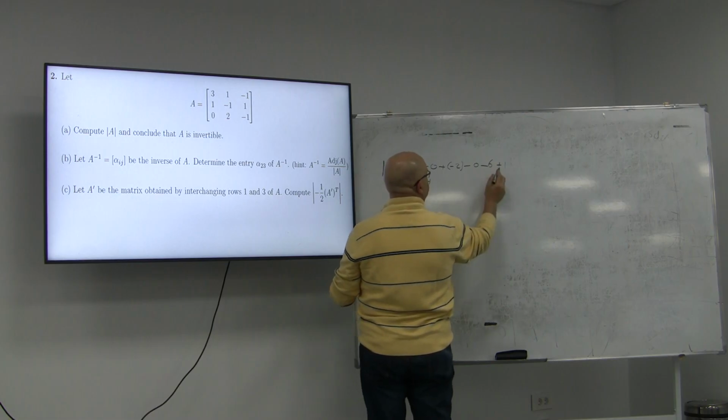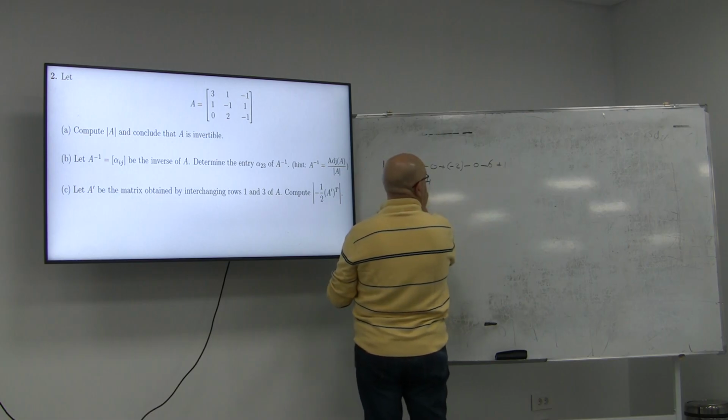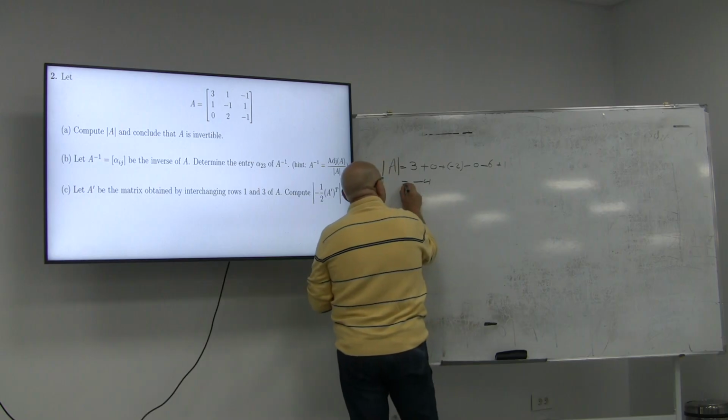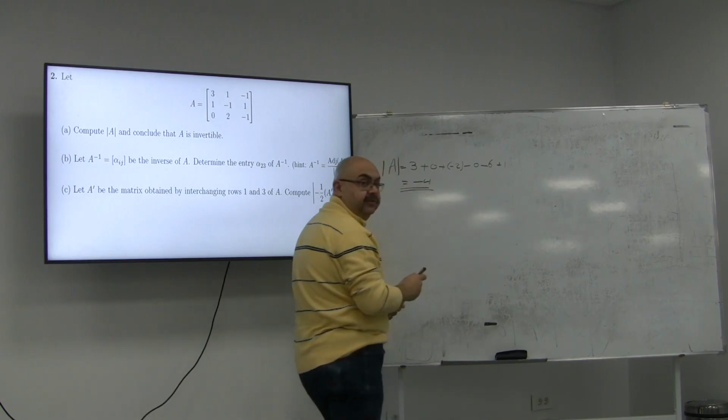Right? The 1 with 3 is going to be 4. Yes, exactly right. So the value is going to equal -4.